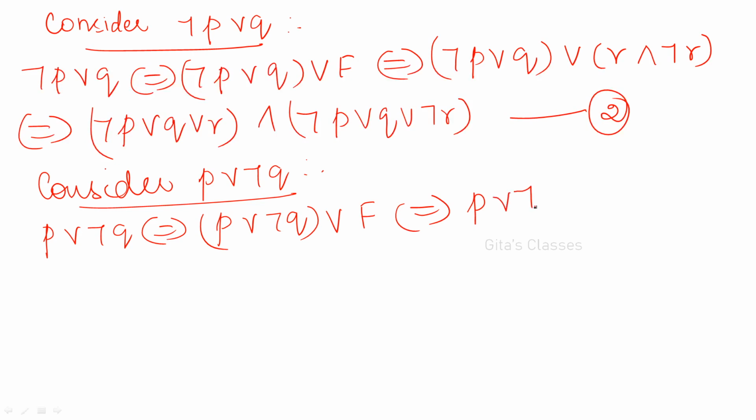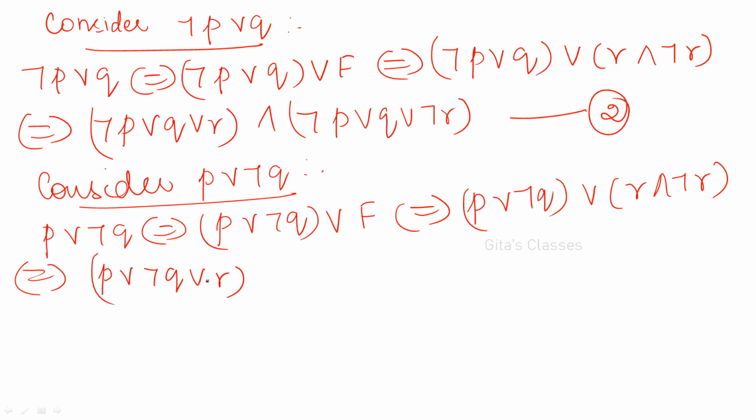So P∨R∨not Q∨R∨R and not R. That is equivalent to, now you apply the distributive law. For the exam, please write the reason also, whichever law you are applying. So (P∨R∨not Q∨R∨R) and (P∨R∨not Q∨R∨not R), in between and. So this is equation number 3.